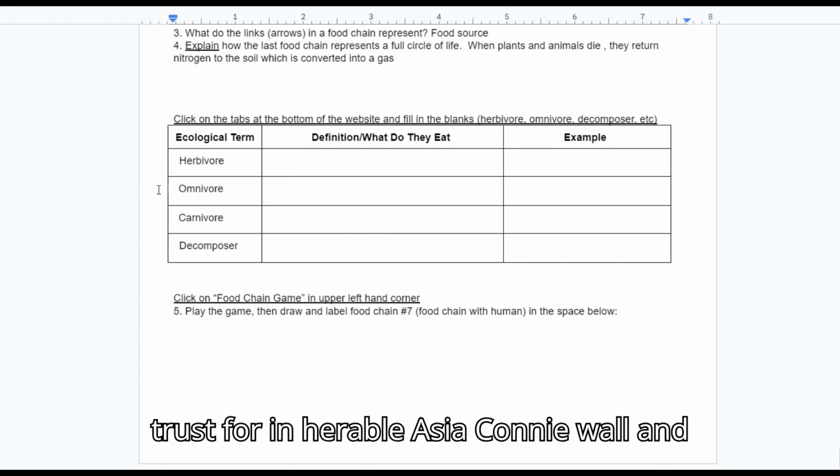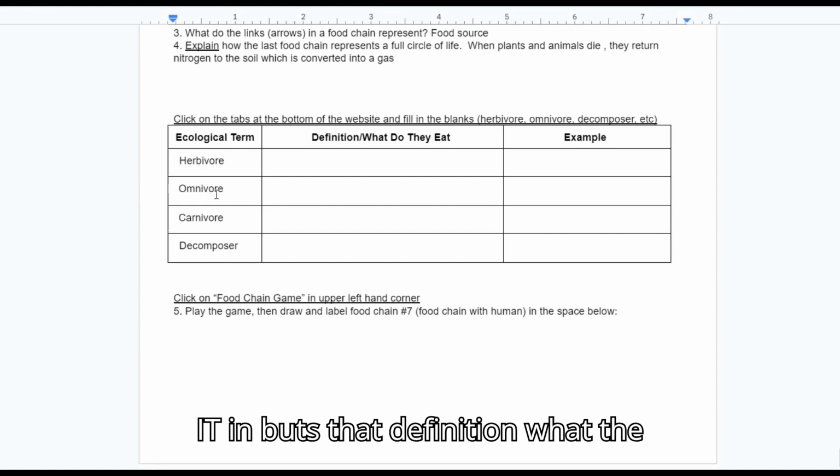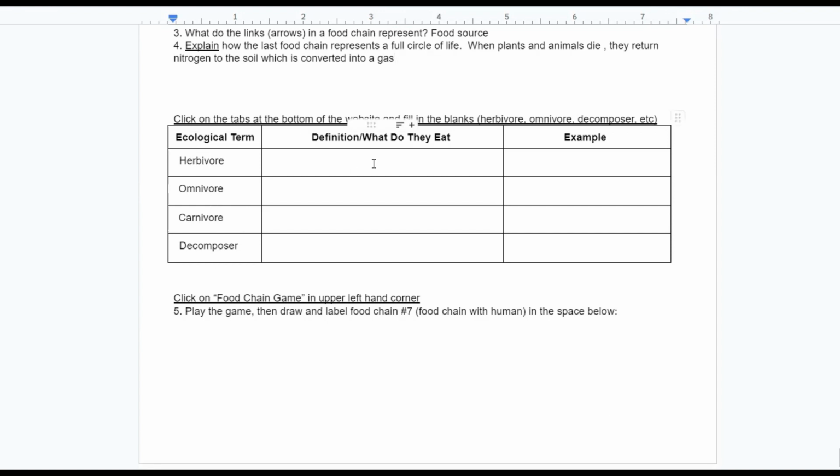Ecological terms, you know, we've kind of discussed these in class: what an herbivore, an omnivore, a carnivore, and a decomposer is. Definition and what do they eat? So obviously it's a plant eater. Okay. Plant and animal eater. I guess that's what they call it. What they eat. Consumer. We should put consumer.